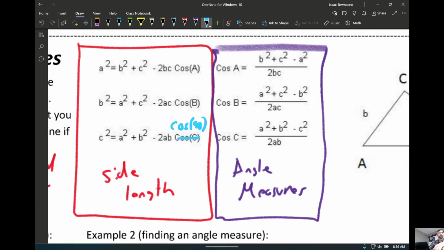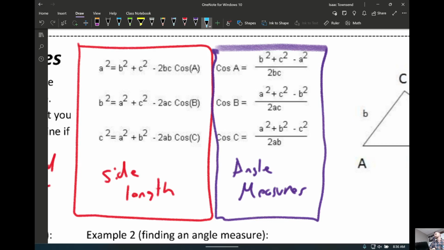And if you think about the unit circle, the cosine of 90 is 0. So when C is a right angle, you're left with the Pythagorean theorem. But if C is not a right angle, adding that little piece can help you find the side length. Of course, you would need to take the square root of both sides.